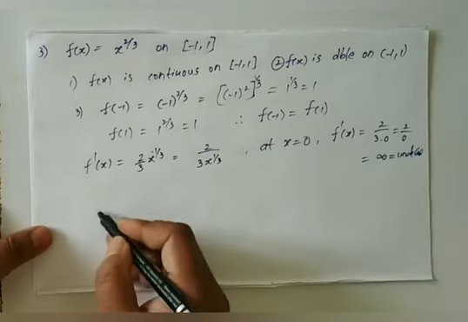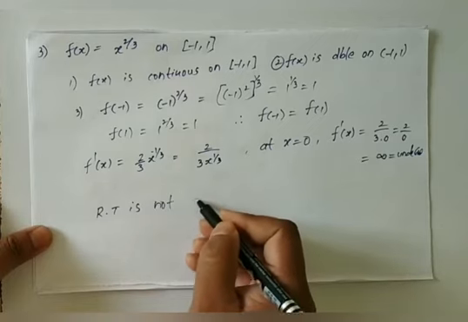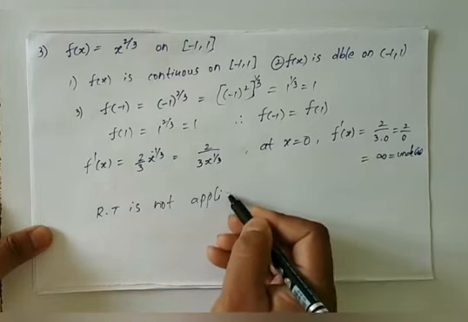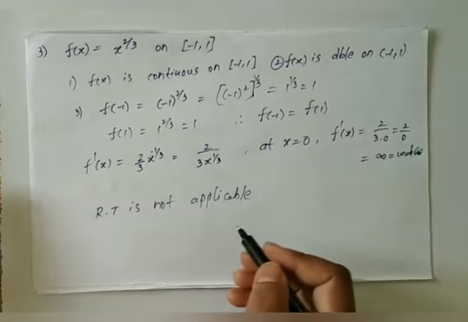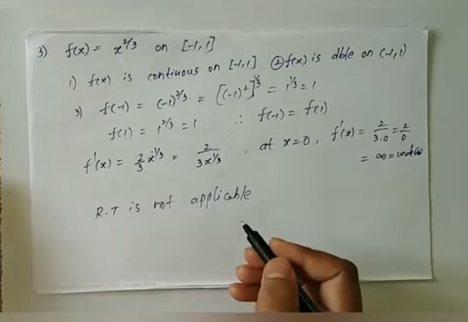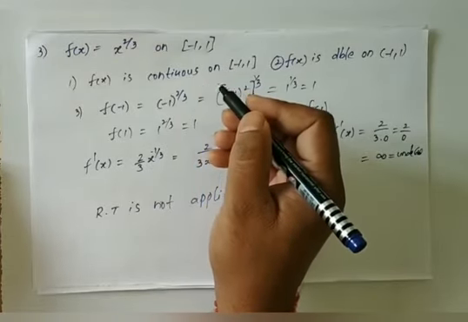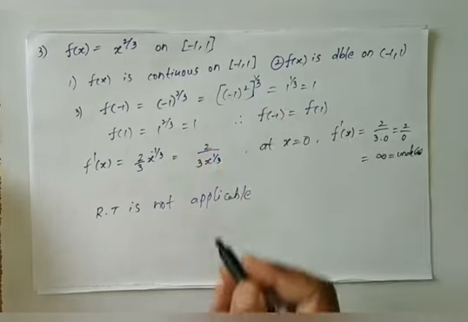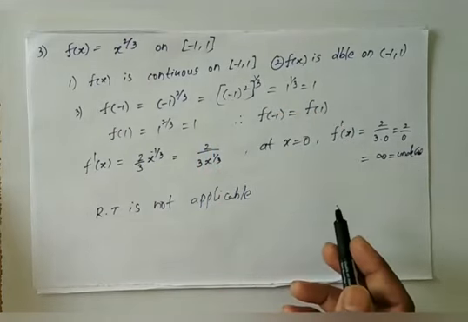That means Rolle's theorem is not applicable to the function on the open interval minus 1 comma 1.